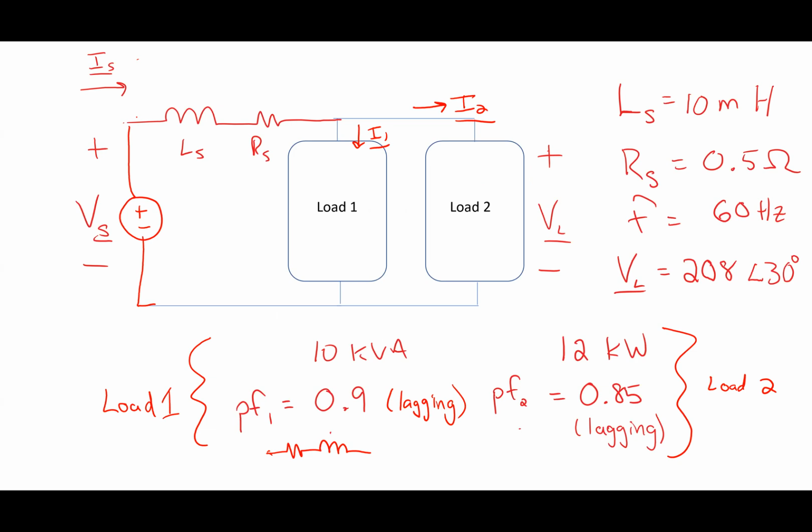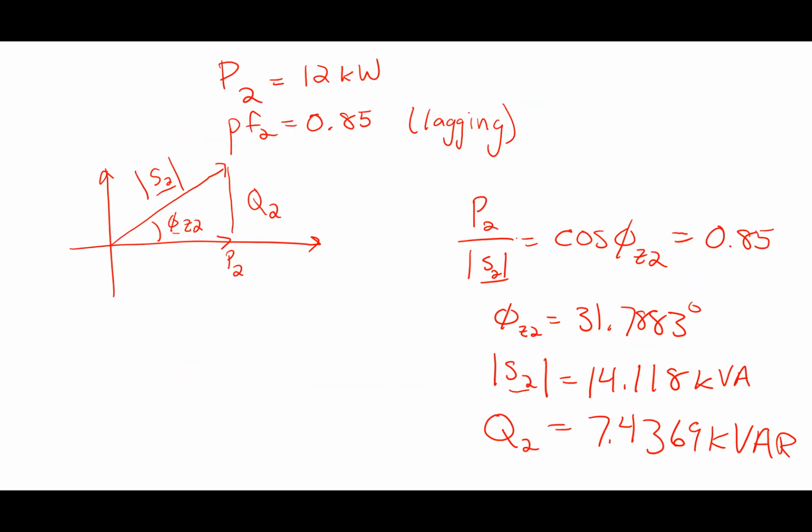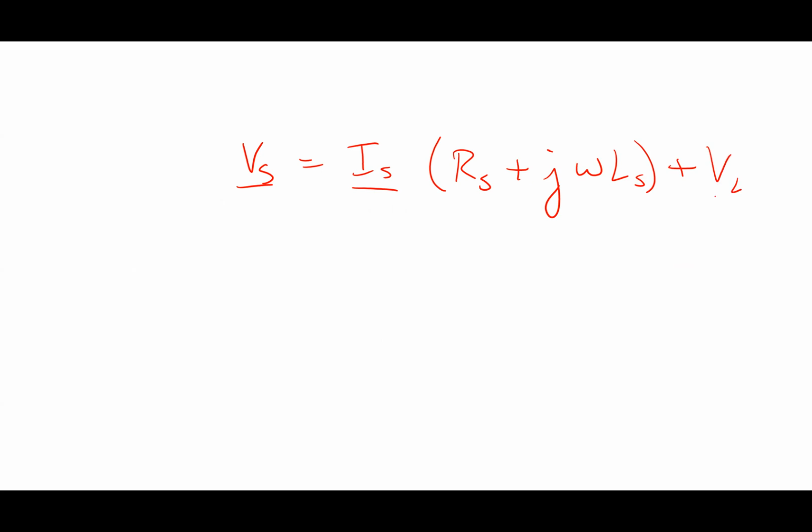I can add I1 plus I2, just a KCL, right? How would I figure out V sub S? I'd do a KVL around this loop. V sub S has to be equal to whatever the drop is across here, plus what V sub L is. So V sub S would have to be equal to I sub S times, I called it R plus j omega L, plus whatever that load voltage was.